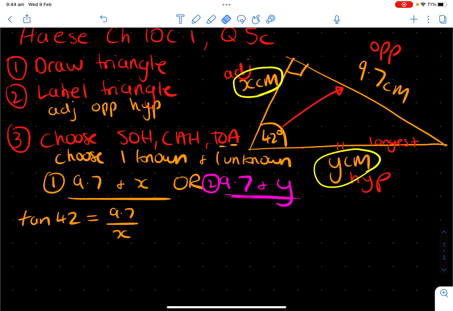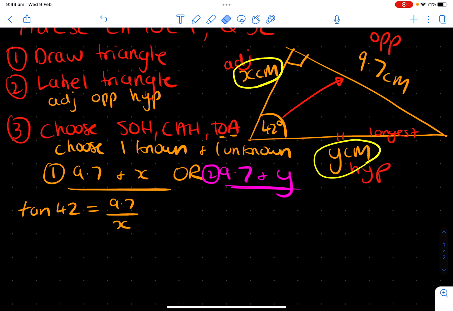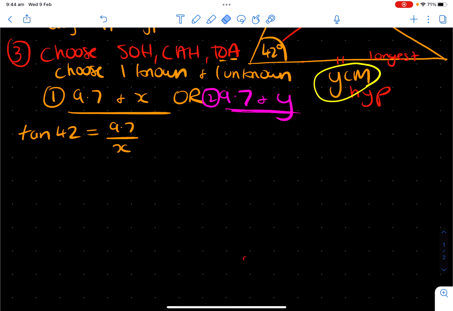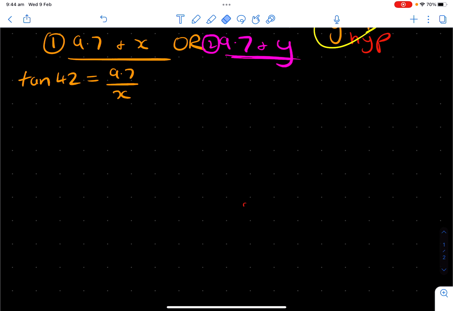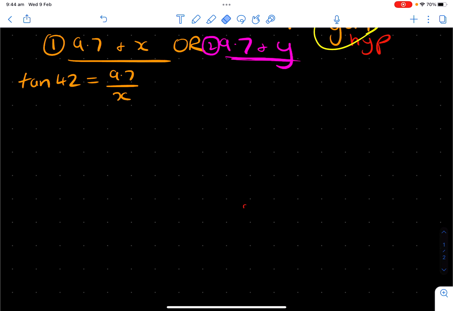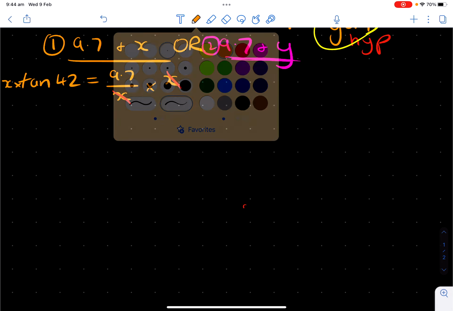We want to get x by itself, so our first inverse operation step is to multiply both sides by x, because this allows us to cancel out x on this side to get x on the other side.